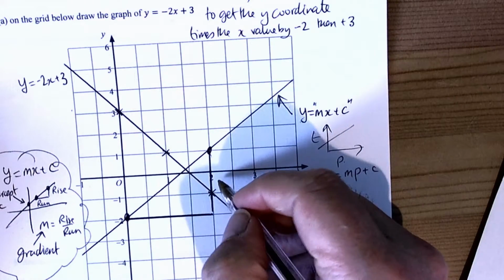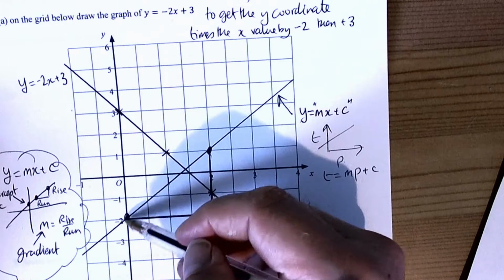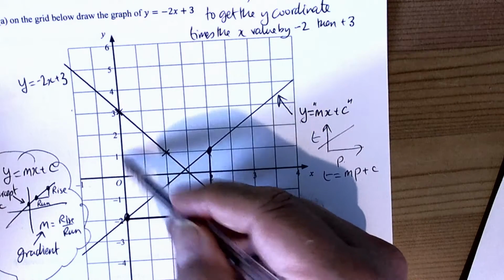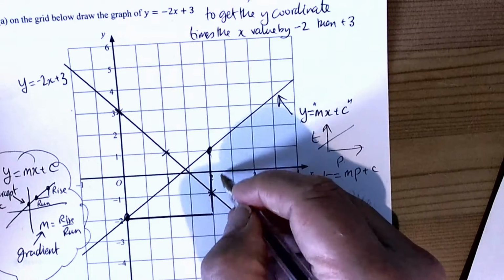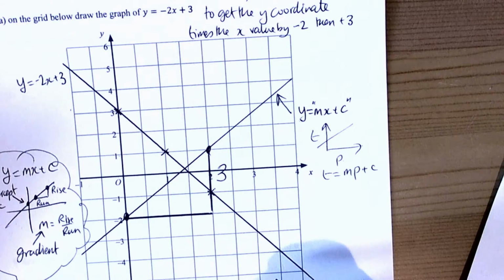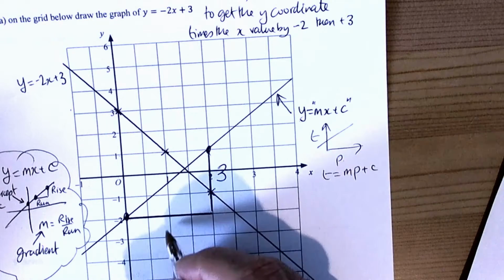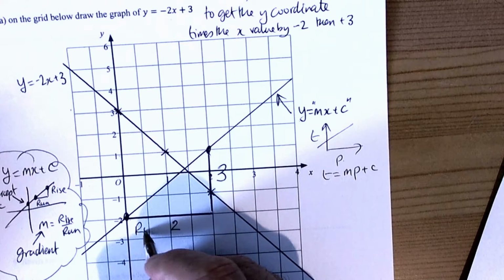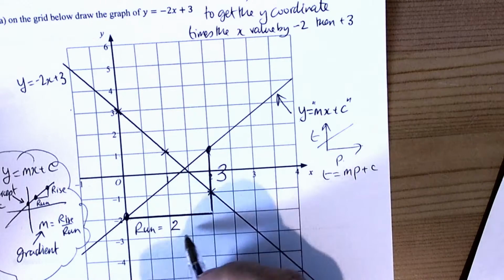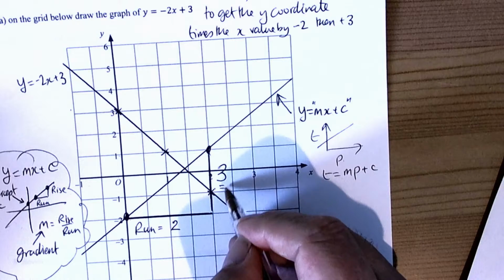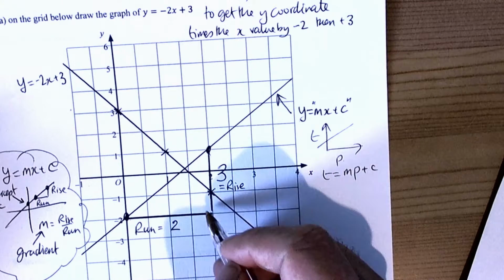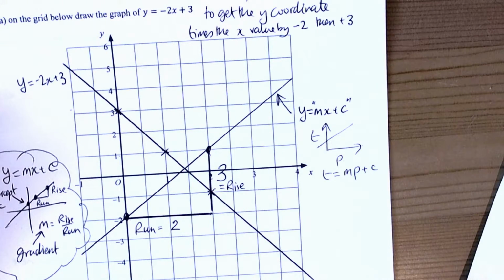The rise was going from -2 up to 1, so that's 1, 2, 3. So we had a rise of 3, or a change in the y coordinates of 3, and across the x coordinates we went from 0 across to 2, so we had a run of 2.